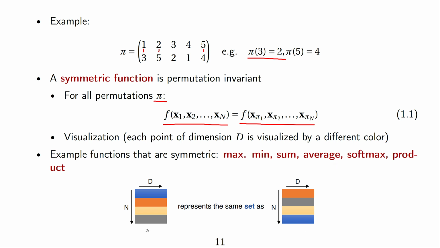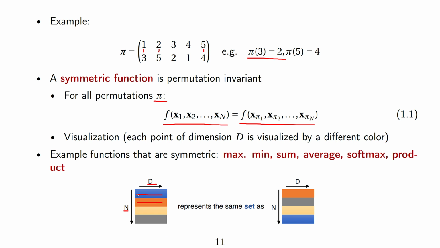To make this simple thing even more obvious, there's this visualization where we have a data structure where each point is shown in a row, and we have n such points, and each point has d dimensions, and then a function that operates on this data structure, this list of points, should give the same output regardless of the order.